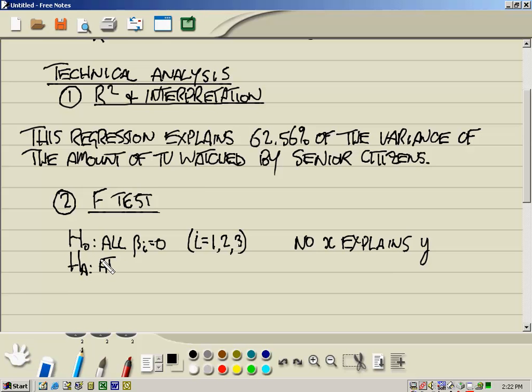Alternatively, at least one of these beta i's, 1, 2, or 3, is not 0, which means at least one x explains y.